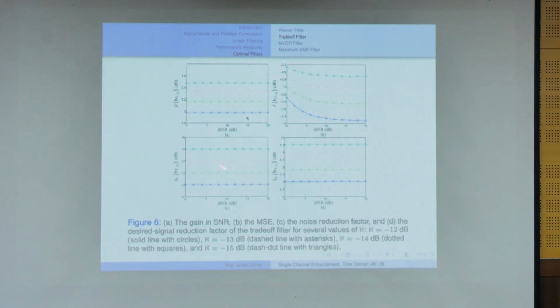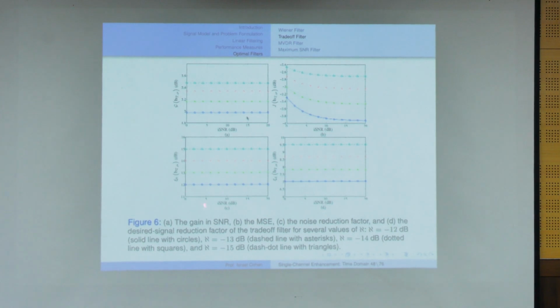So we have 4 plots here, for different values of aleph: minus 12 dB, this is the blue, minus 13 dB, minus 14 dB, the red, and minus 15 dB.